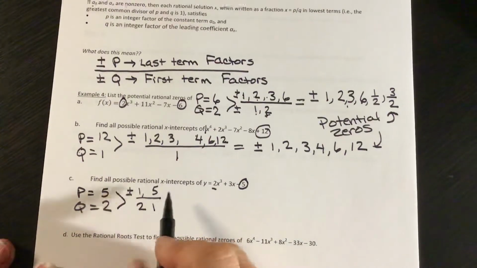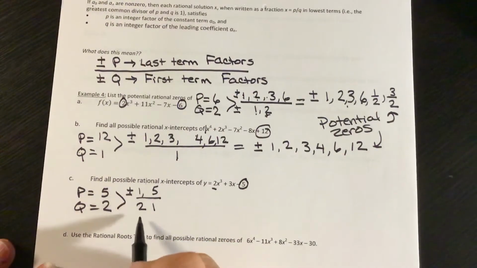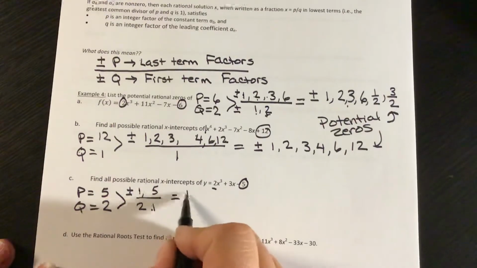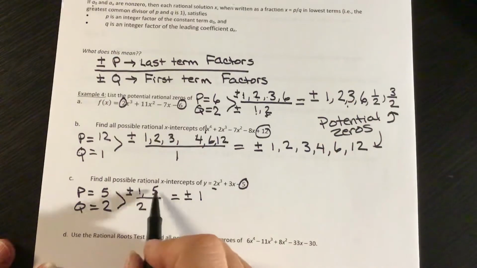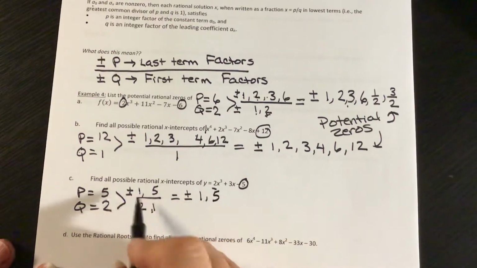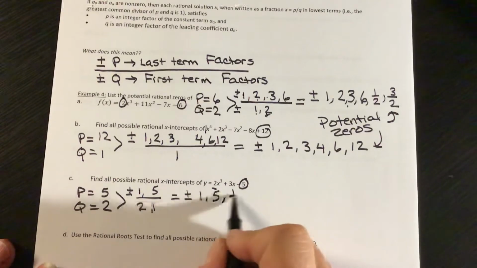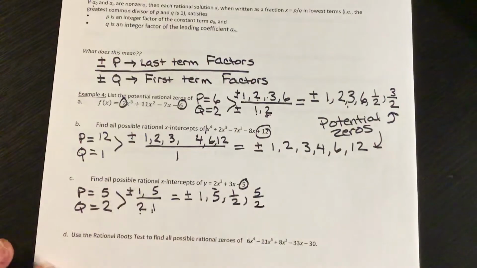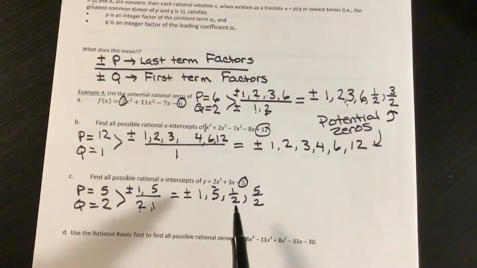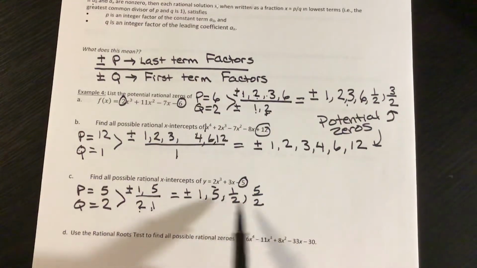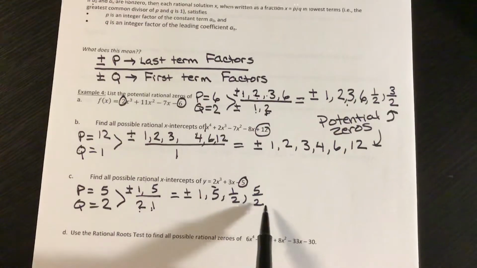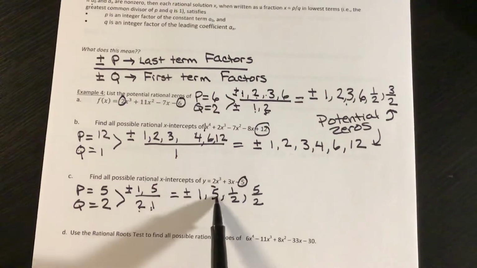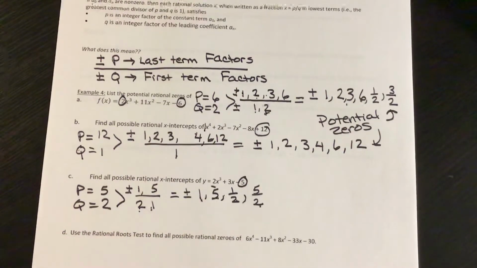If I put all my combinations here, 1 over 1 is 1, so I have plus and minus 1. 5 over 1 is 5. 1 over 2 is 1/2. And 5 over 2 is 5/2. So altogether, I'm going to have 8 possible real number zeros, 2 of each, positive and negative of each of these.